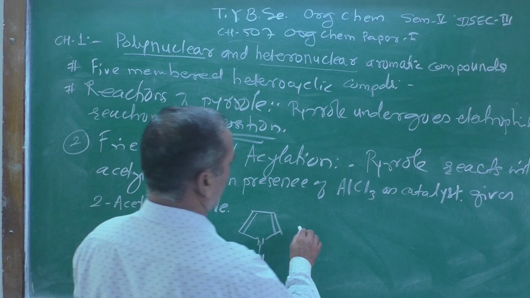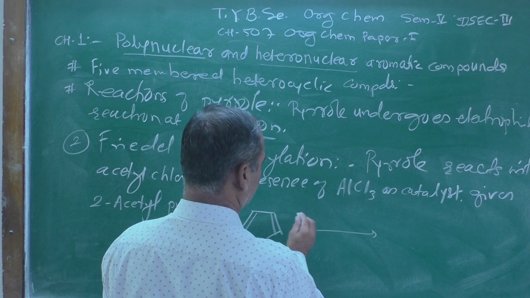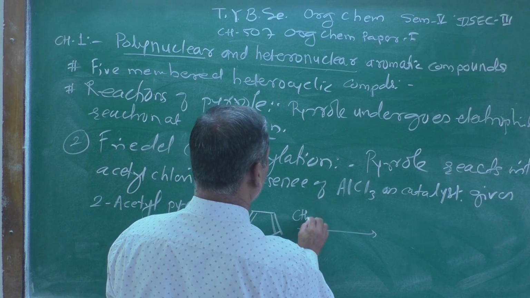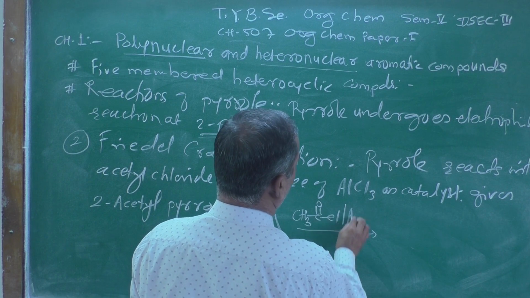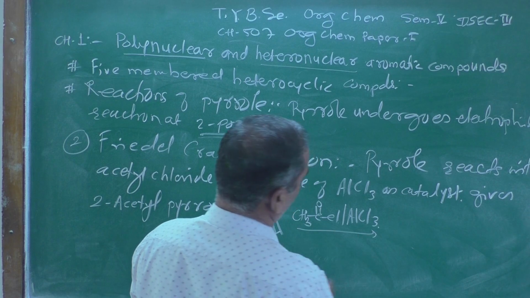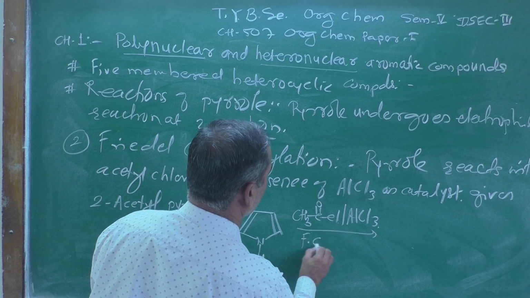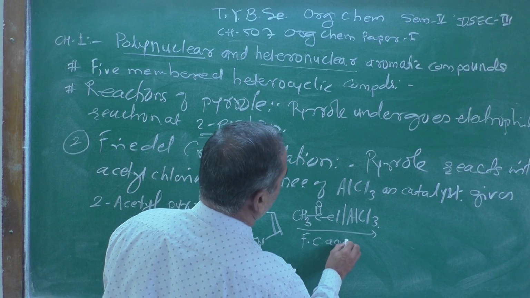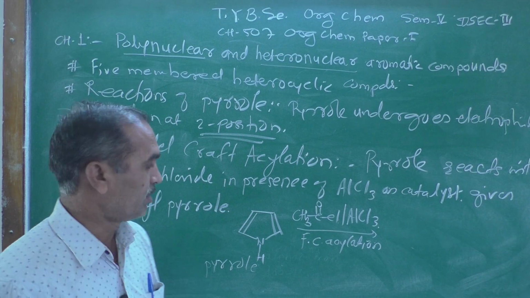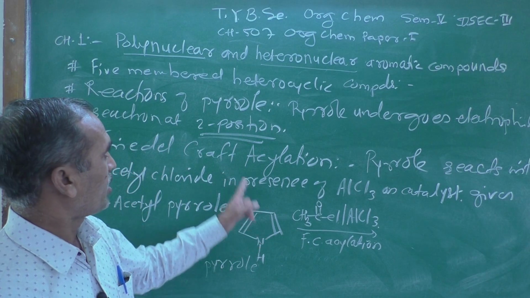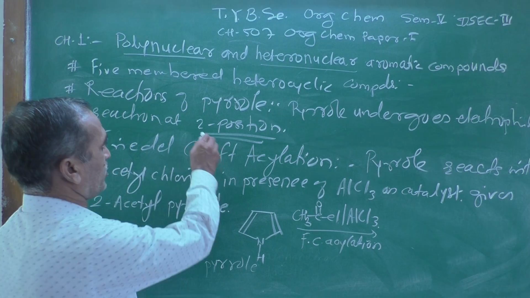Now when this pyrrole is treated with acetyl chloride, CH3C=O Cl, in presence of AlCl3, that is a Lewis acid catalyst, this is known as Friedel-Crafts acylation reaction. And as we know, pyrrole undergoes electrophilic substitution at 2 position.